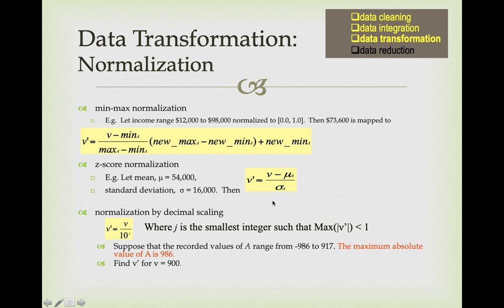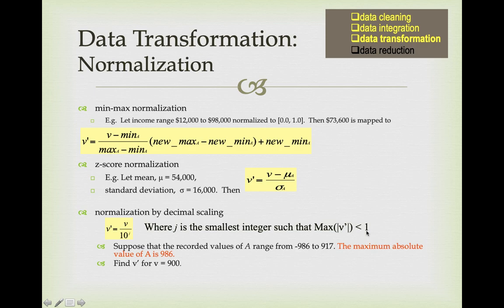Normalization by decimal scaling, where v prime equals v over 10 to the power j, where j is the smallest integer such that the maximum of the absolute value of v prime is not more than 1.